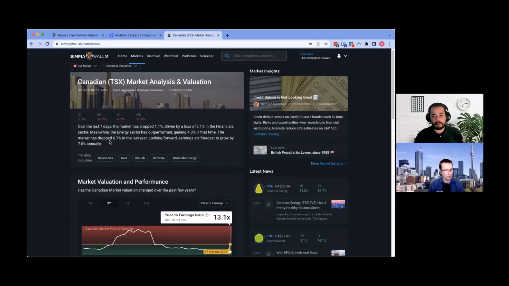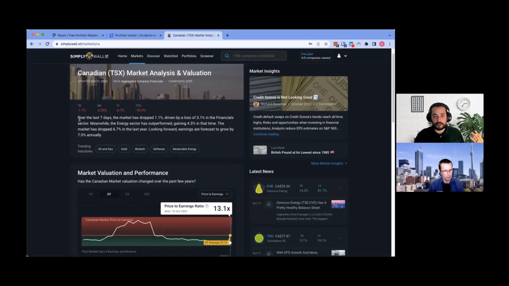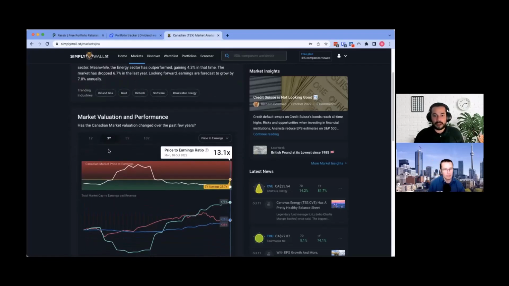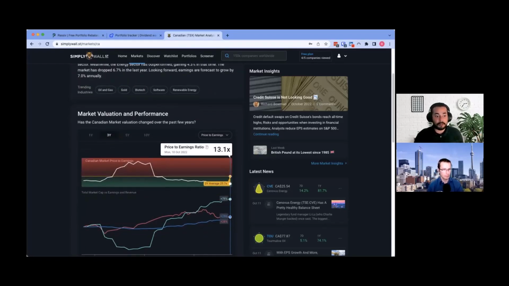In this case, they're giving you a write-up on how the Canadian markets are doing. They also give you the valuation and performance of the markets, which I like from an investor's point of view, because I like to understand how the various markets or industries are performing. I use this chart to understand just that.